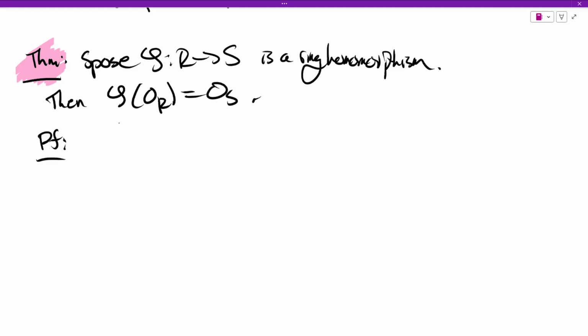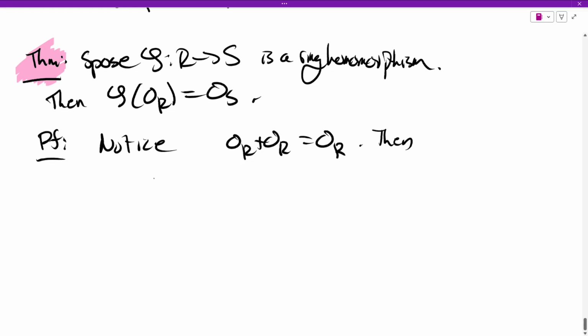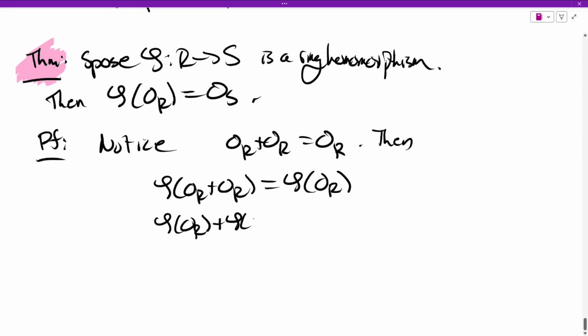So let's do that. All right, so let's notice that 0 plus 0 is 0. Brilliant. This is a very useful tool when you do these simpler proofs, and it's useful in general. And so what this tells us then is that phi of 0 plus 0 is phi of 0. But phi is a homomorphism, so it breaks up under addition. So this uses the fact that we preserve addition.